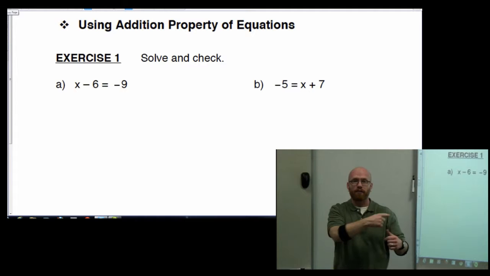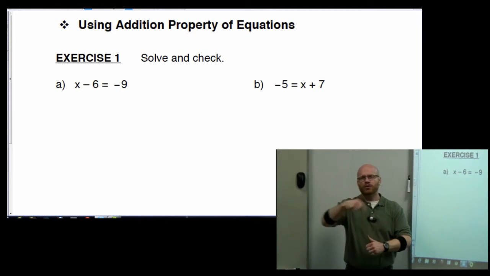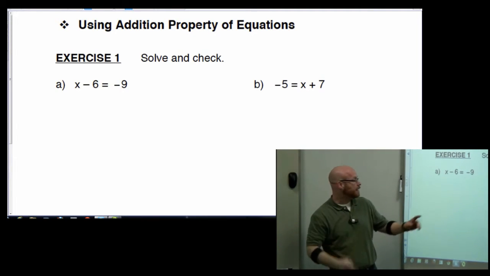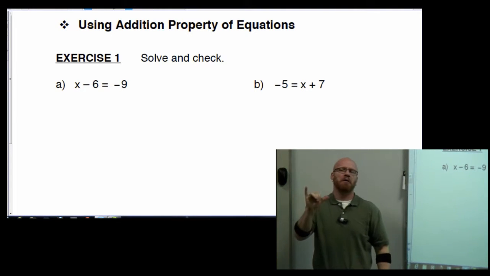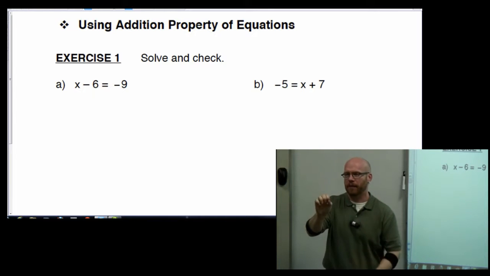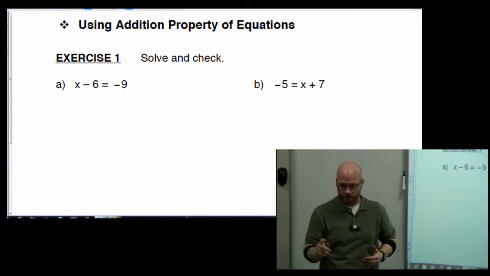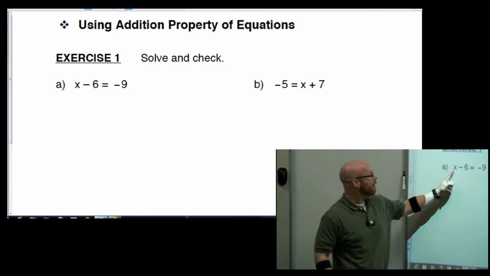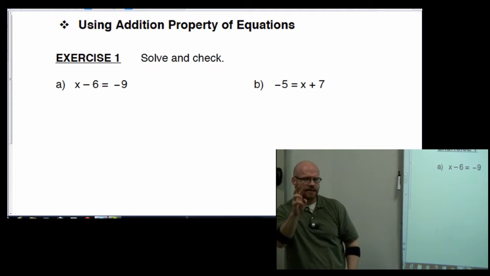Now we're going to solve two equations and check both answers. Most people can see x minus 6 equals negative 9 and sort of feel like, I know what the answer might be. But the point right now is showing the process, okay? So here we have x with minus 6.